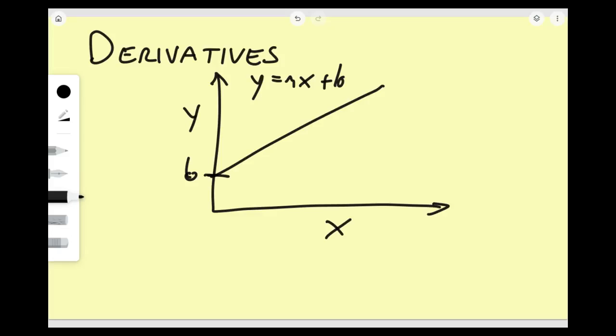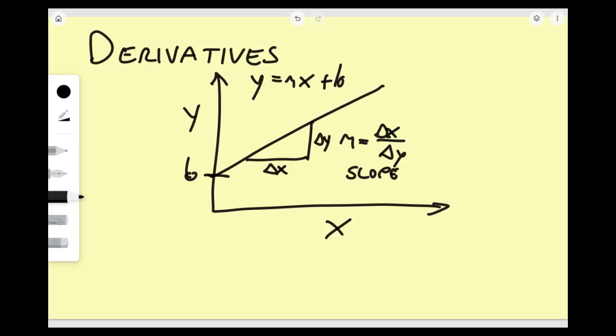And m being the slope, we can define how to calculate it as looking at the rise, which in this case is delta y, over the run, delta x. So m equals delta y over delta x. So that's the slope.